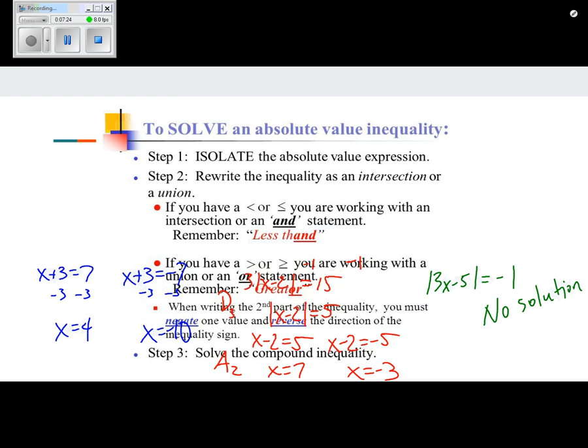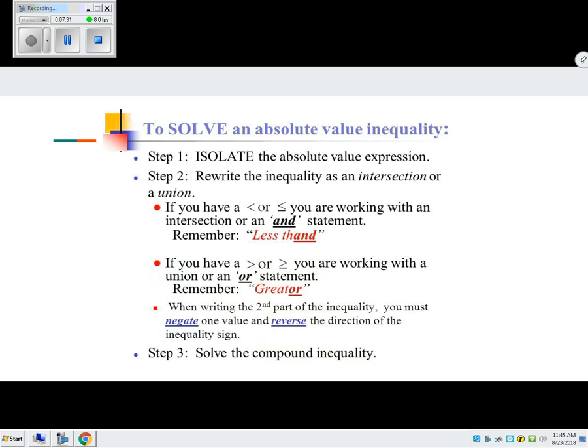Now, with an inequality, we're going to get a little bit more specific, got a few more rules. Notice my step 1 is still to isolate the absolute value. It's still the most important thing that you can do. Okay. Now, instead of equations, we're going to have inequalities. So if we have less than, you're going to hear me say "less thand" today, because it's going to give me something called a compound inequality that I'm going to need to slide and in the middle of.